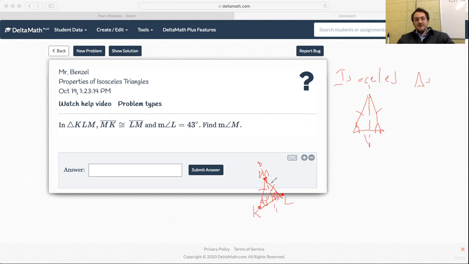And then the M, we have to get it equal to 180. I got the measure of angle M equals 94.